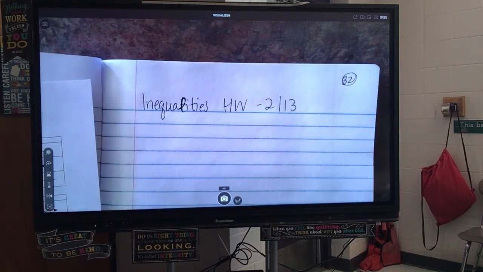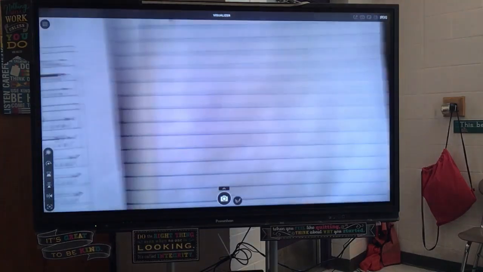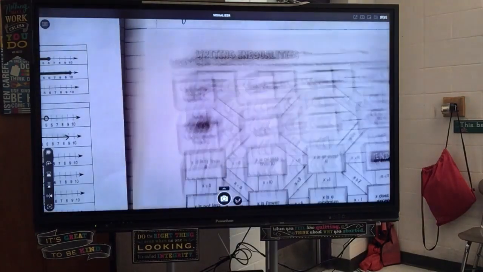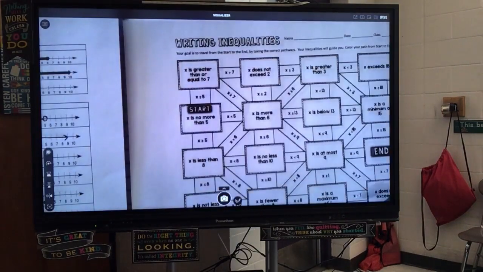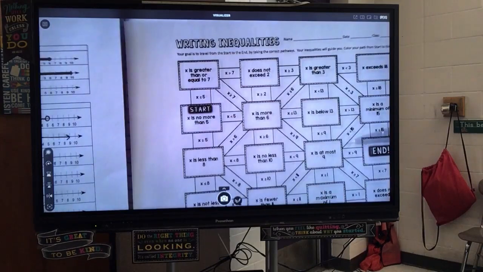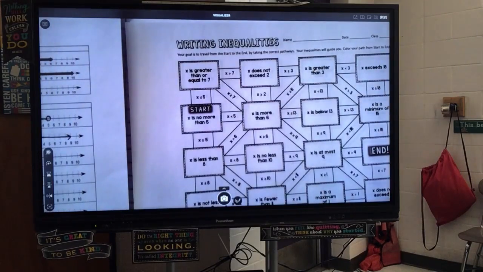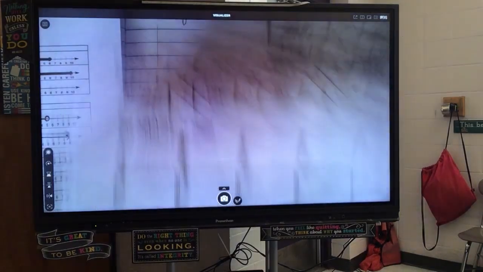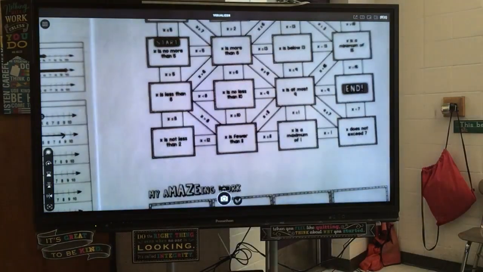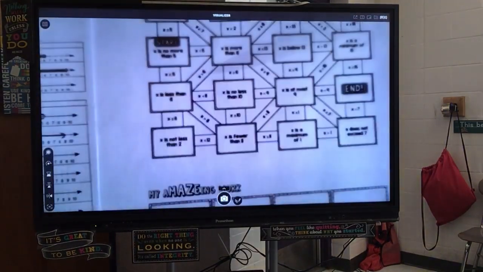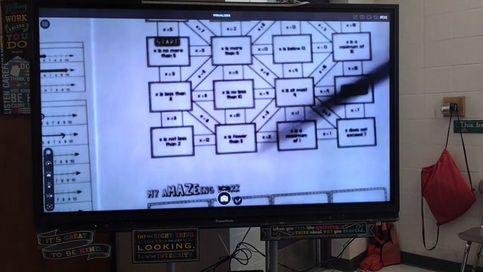Alright, so it's Monday. Yes, you have homework. There's no reason you shouldn't get it done. Your homework is this. You are not solving. You are simply trying to write the inequality correctly. You just need to write your inequalities down here in these boxes. Use your colors that we didn't use today, and just color your path in whichever direction you're going.